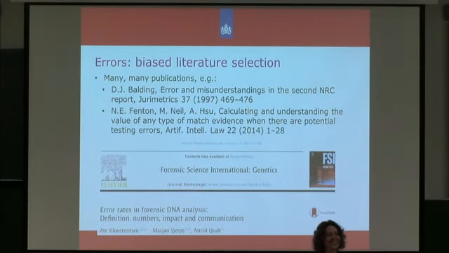Here's my biased literature selection again. There are many wise words which have been said, I think, by David Balding in a paper. And there's a nice paper by Norman Fenton, Martin Neil, and some person whose name I can't pronounce, sorry. They made a Bayesian network for these error structures.